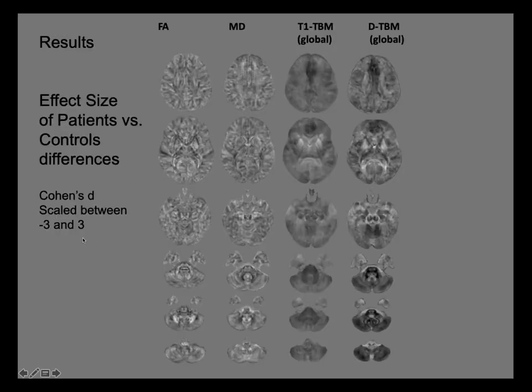These are effect size maps of the Down syndrome patients versus controls for fractional anisotropy, mean diffusivity, the T1-based determinant of the Jacobian, and the diffusion tensor-based determinant of the Jacobian, so morphometry done with T1 and morphometry done with the diffusion tensor. If you look at these two images, they have a lot in common.